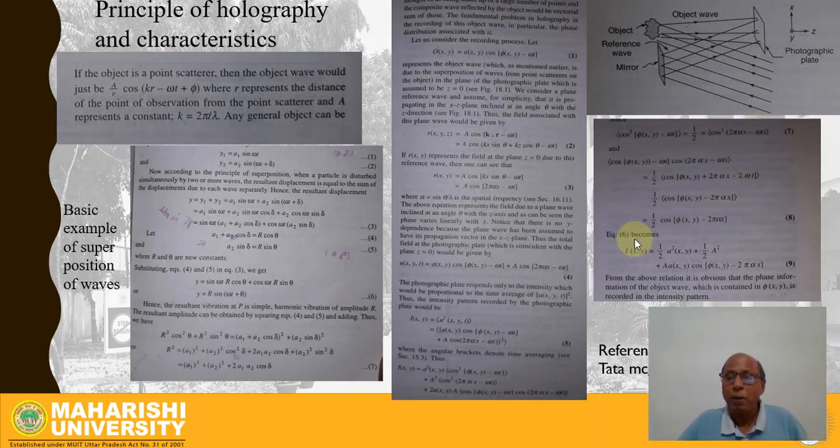So you get this one. Finally, you get the equation of intensity, where the amplitude of the first wave, the amplitude of the second wave, and the combination of the two amplitudes with cos is defined like this one.